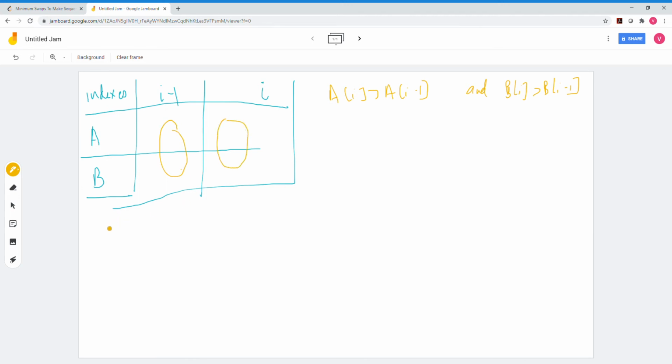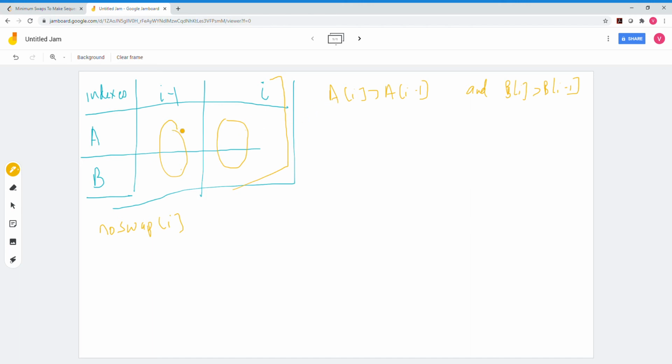So what does no swap of I mean? It means that until here we are going to make the array increasing and there will be no swap here. See, if there is no swap here, with this case in the combo, there should be no swap here also.